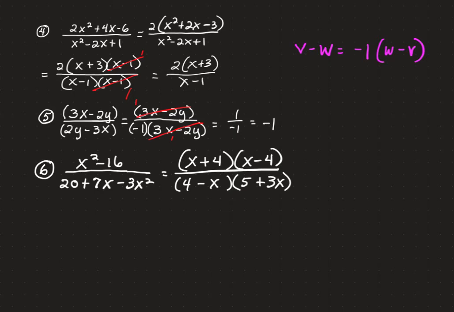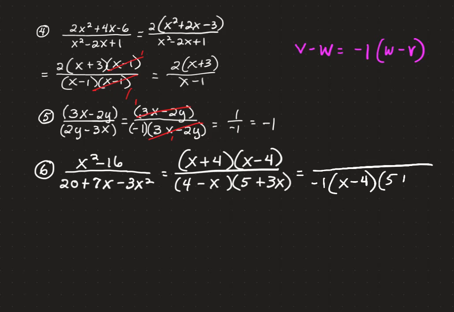I almost have the same thing here and here, but I have a +x and a -x and a -4 and a +4, so I'm going to use this technique. And just because I like to have my x's before my constants, I am going to divide a negative out of the denominator, a -1. So my denominator is going to become -1 times the quantity x minus 4, times -1 times the quantity x minus 4.